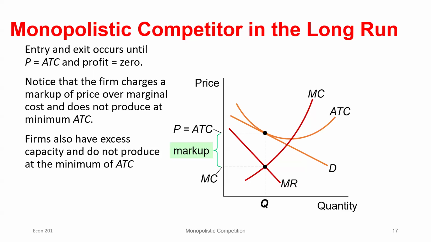That minimum point, or the efficient scale of production, is where a perfectly competitive firm would end up in the long run. Now, they don't face a downward-sloping demand curve. They had a horizontal demand curve, which is what pushed them to this point where, yes, long run profits are zero, but also we end up at that efficient scale of production, the lowest possible per unit costs.